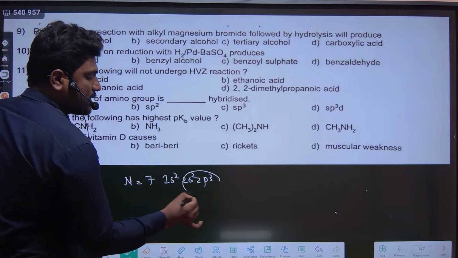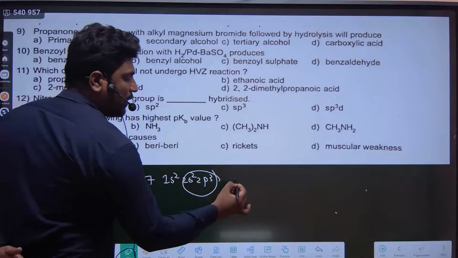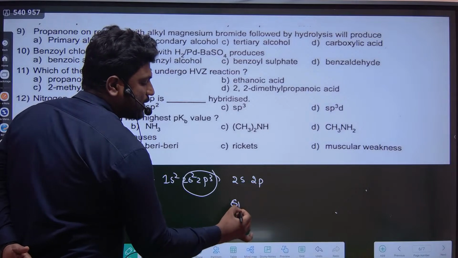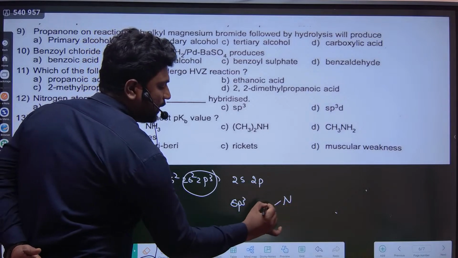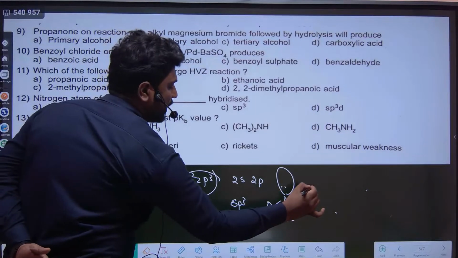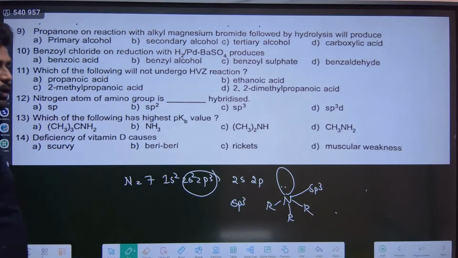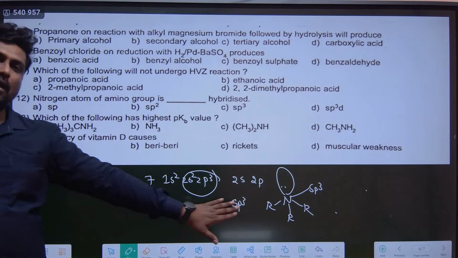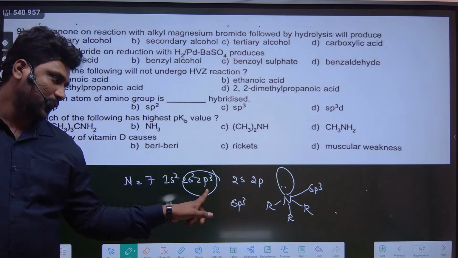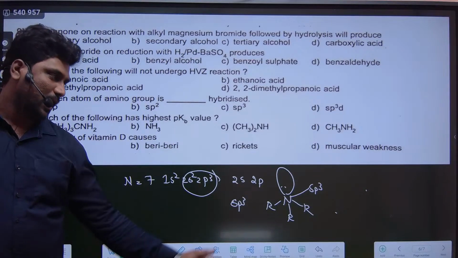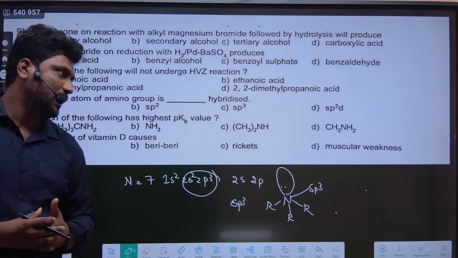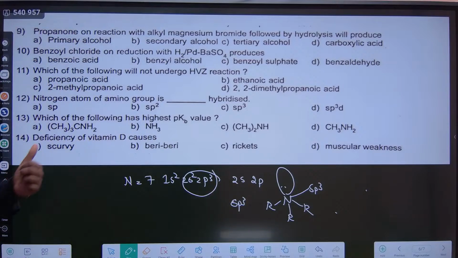Yes, it utilizes the outermost orbitals, one 2s orbital and three 2p orbitals, to form sp3 hybrid orbitals. So the amines have an sp3 hybridized nitrogen atom. For formation of covalent bonds, they use 2s as well as 3 2p orbitals and undergo sp3 hybridization, and they have a trigonal pyramidal shape with the sp3 hybridized nitrogen atom.